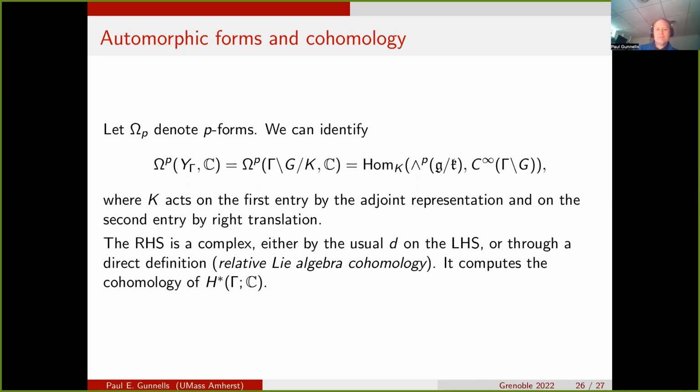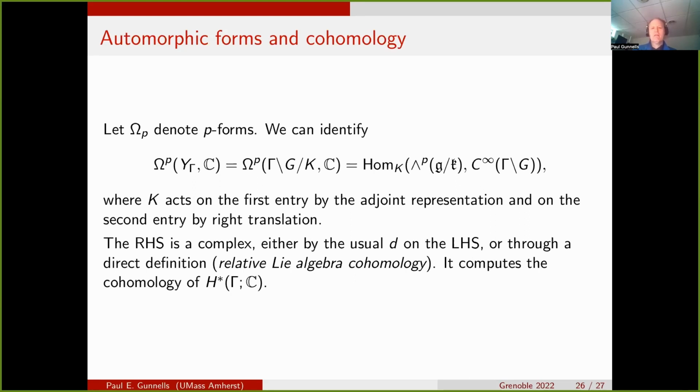Okay, there's a bit to unwind there, and I don't have time to say much more about it. But if you know that p-forms have to do with antisymmetric functions on tuples of tangent vectors, and you know that the exterior pth power of the tangent space is related to that, and that there's a K action involved, you can probably believe it at least for a few more minutes.